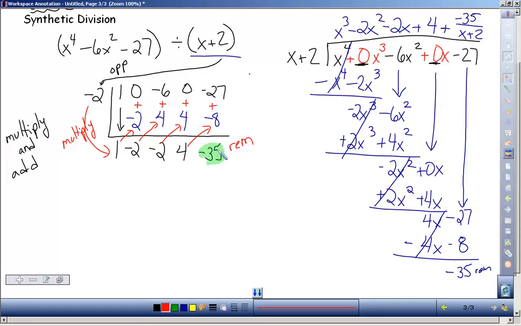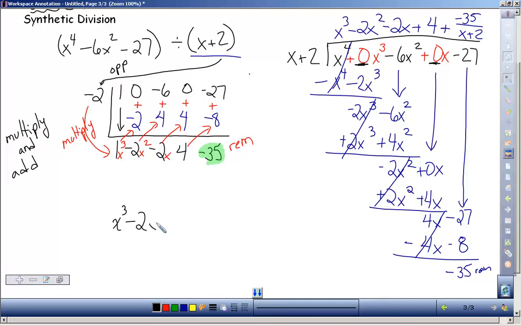Now, again, this is a shortcut. This is not my answer. I can't leave this as my answer. But it's going to give me my answer. I just need to put my x's back into it. Well, if we started with x to the 4th and we divided it by x, that means that our answer is always going to be 1 less than what we started with. X to the 4th divided by the x is x cubed. So that means that I'm going to start with x cubed, and then x squared, and then x, and then the constant, no x, and then our remainder.